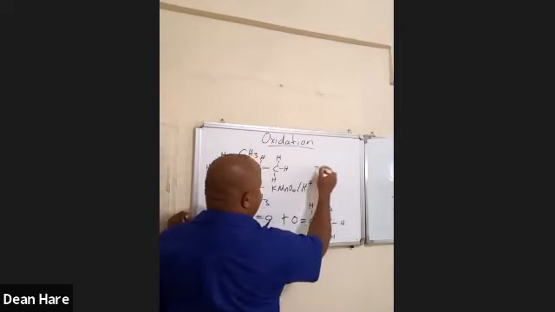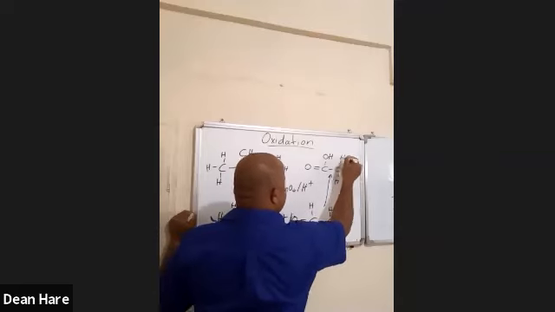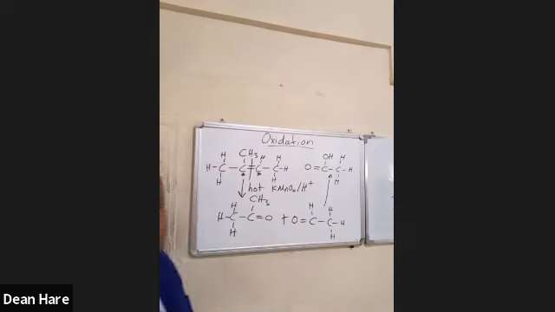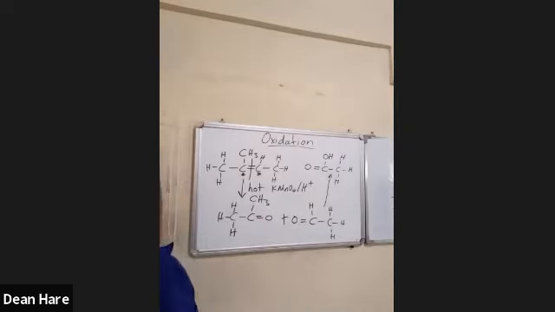So C double bond O, OH, CH3. All right. And that is how you know what will be produced when you use hot potassium permanganate to oxidize your alkene. All right. So let us go to the PDF.